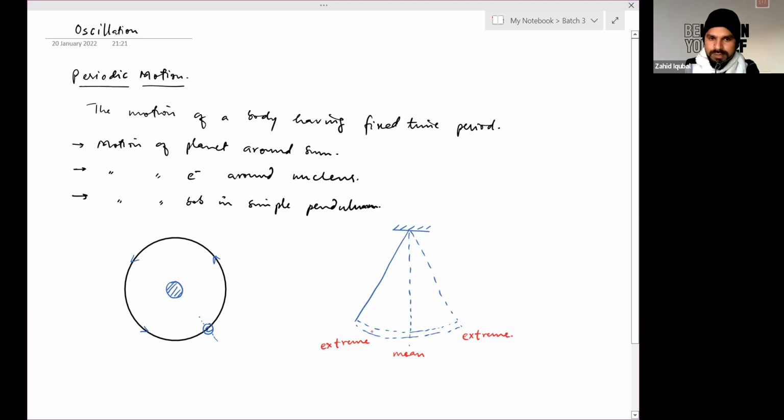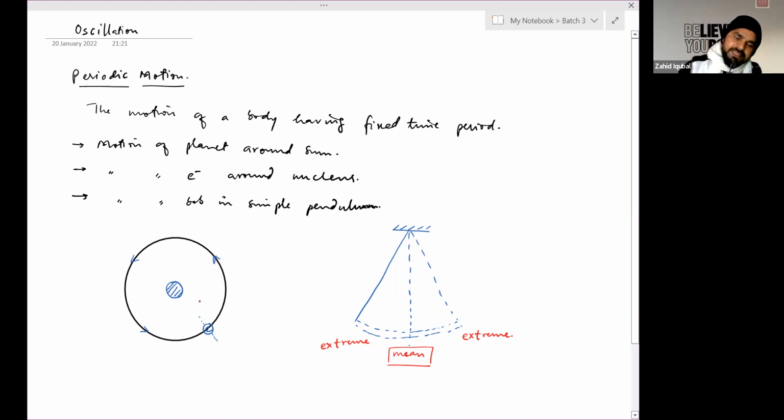So we can say the bob is oscillating or moving to and fro about a given fixed point, which is called the mean position. There is some speciality in this periodic motion, that it moves along a fixed path about a given fixed point, the mean position, to and fro, and each half cycle it repeats its own path.